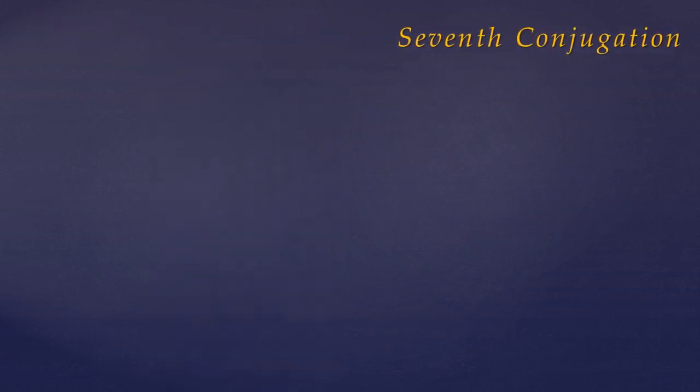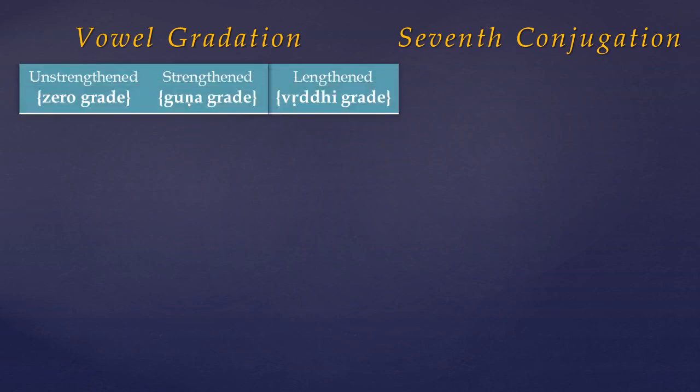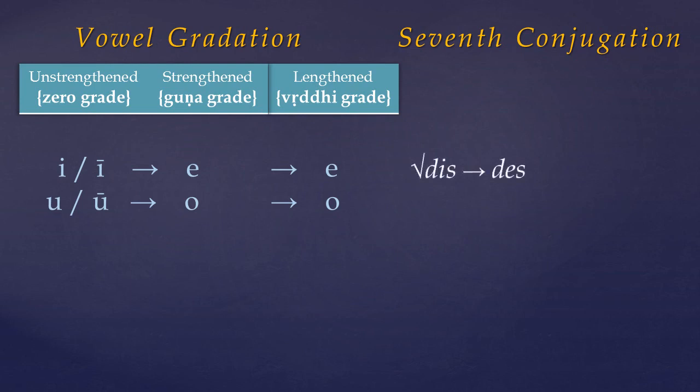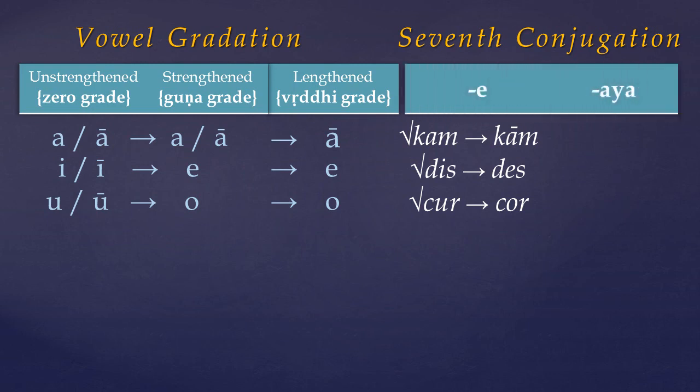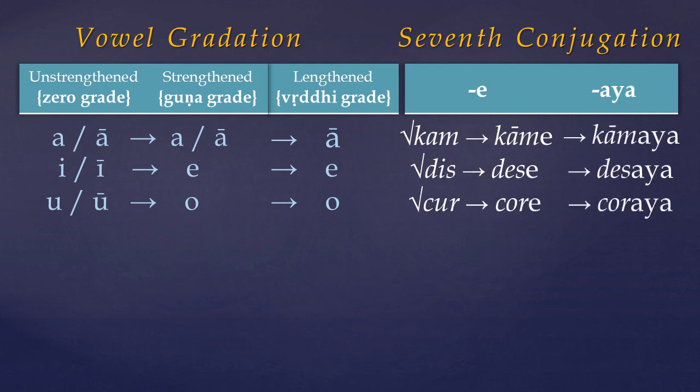So, like the first conjugation, if you want to form a present stem from a root which belongs to the 7th conjugation class, first you strengthen the root vowel, which means that I and U are strengthened to E and O. However, unlike the first conjugation, verbal roots which contain the vowel A are often lengthened to a long A. And once we've strengthened the radical vowel, then one of 2 suffixes are added, either A or aya, and those in A are far more common.